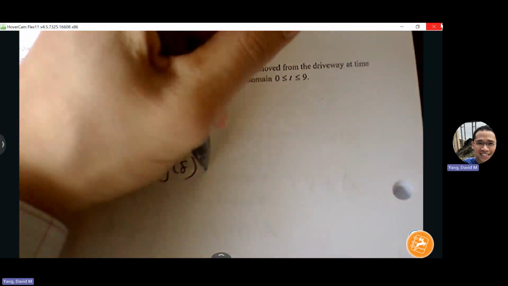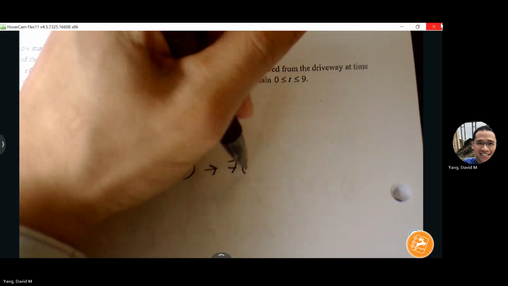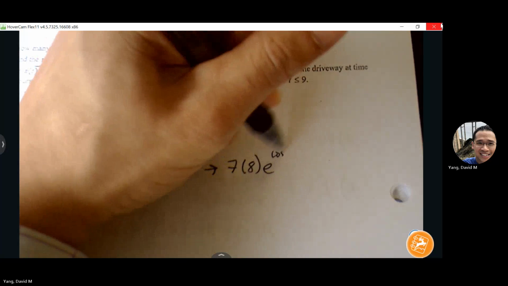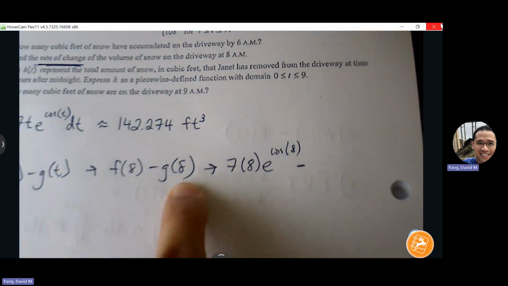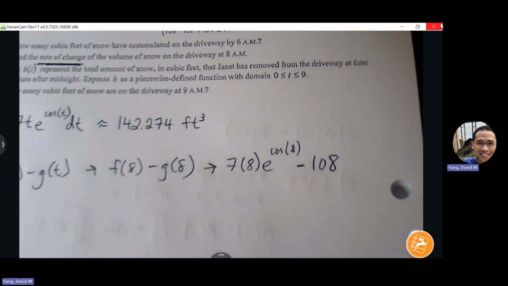F of 8 is just plugging 8 into the function F of T. Then what's Janet's rate at 8 a.m.? Just 108. Yep. So we just subtract those two numbers, and hopefully it's a negative number.